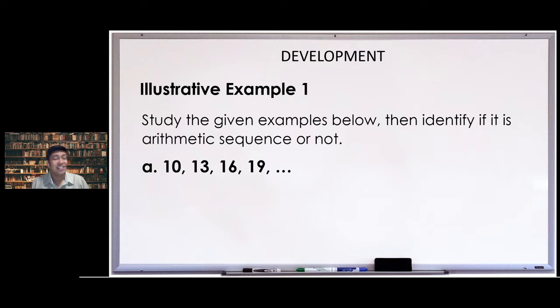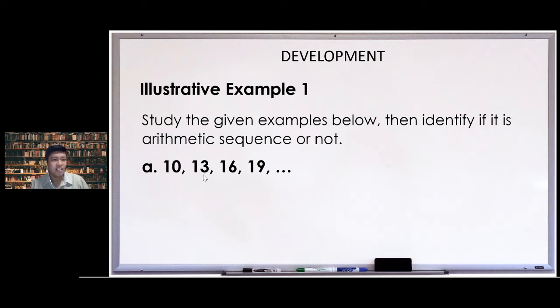Okay, let us see. To find out if this is an arithmetic sequence, we must be able to find if there is a fixed number added. To see if there is a common difference, we will be subtracting the preceding term from the succeeding term.